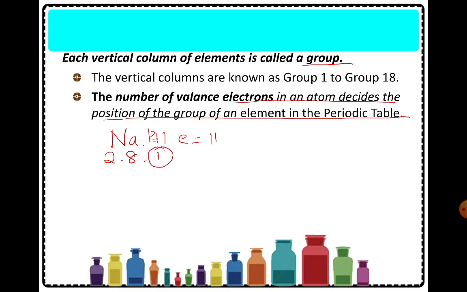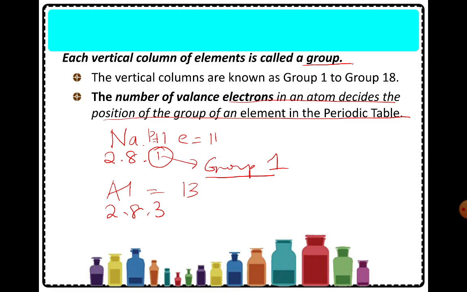So we know 1 valence electron which means sodium berada dalam group 1. Okay. And then kalau aluminium, 13. So the electron arrangement is 2.8.3.